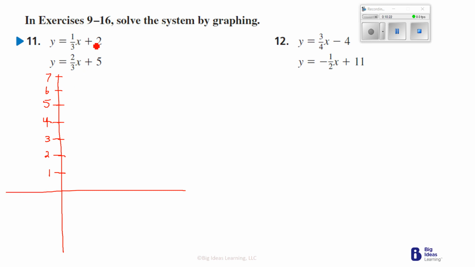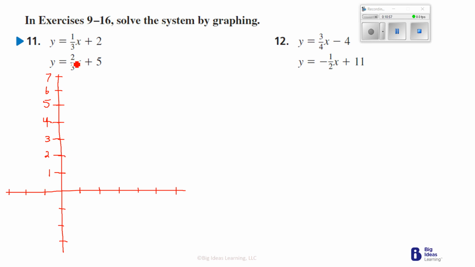So the first one's going to be starting at 2, and then it goes up 1 and over 3, right? So I can put this at 1, 2, 3, 4, 5, 6. I'm going to go down over here to 1, 2, 3, and then we're going to go with the negative side, 1, 2, and 3. We're just going to see where this pans out.